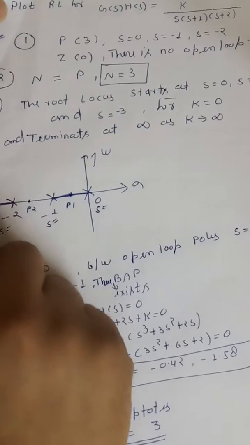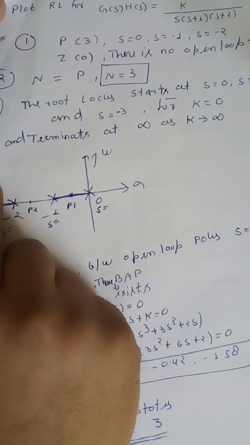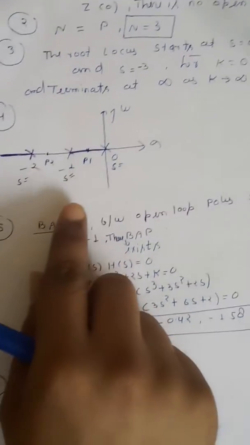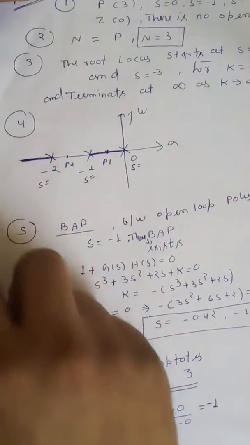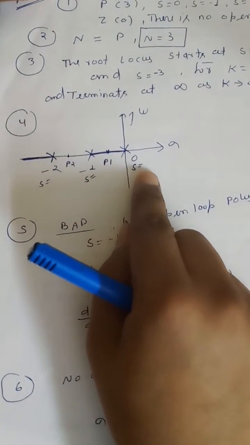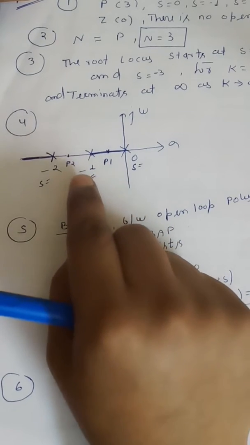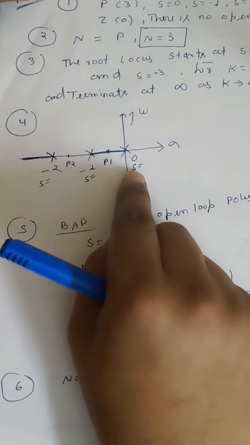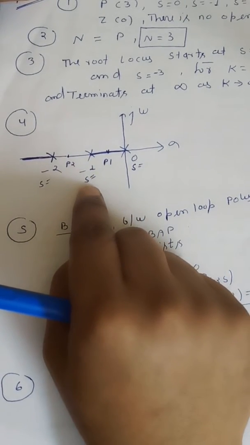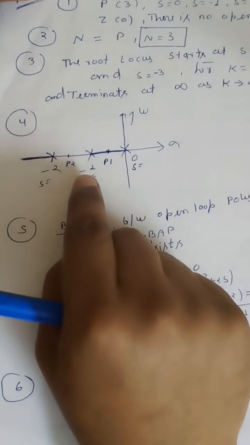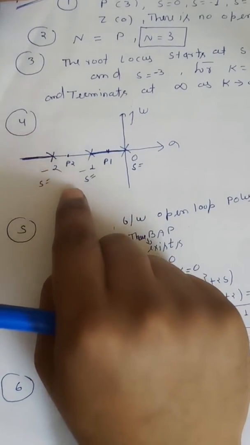Now let us see fourth rule. In fourth rule, we will decide existence of root locus on the real axis. So first we will draw the pole-zero diagram. So here we have three poles at s equal to 0 and at s equal to -1, also at s equal to -2. We don't have any open loop zero for the system.